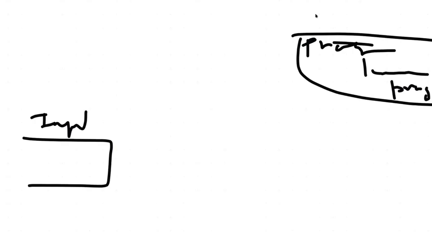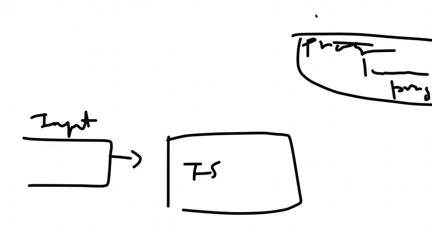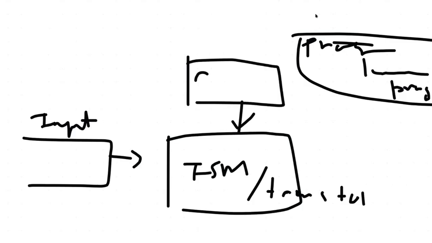For that to be possible, you need to prepare some input and then feed it to some kind of finite state machine or a translator. This translator or finite state machine depends on a grammar set, which defines the language, and it can be implemented as a translator.